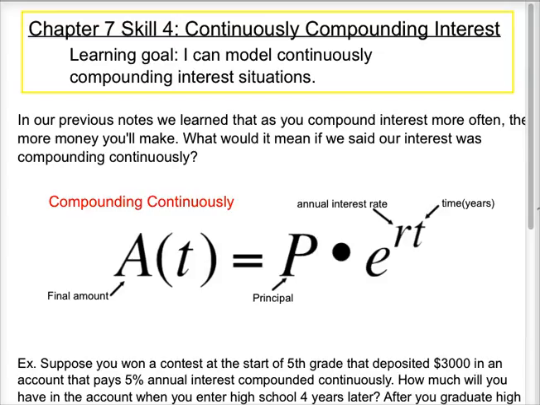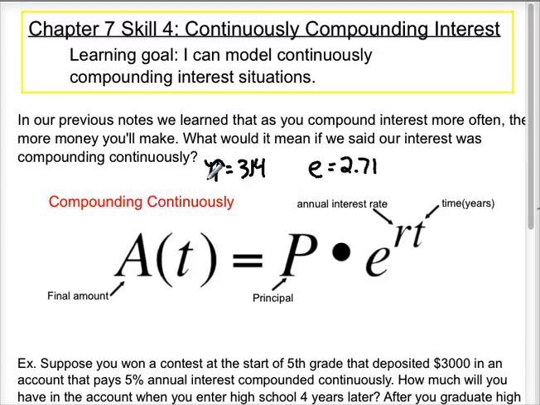Now you may be thinking, Ms. Freshman, you're crazy. How is e a number? Well, you know how pi is 3.14? e is a number as well. e is about 2.71. So e is a legitimate number.